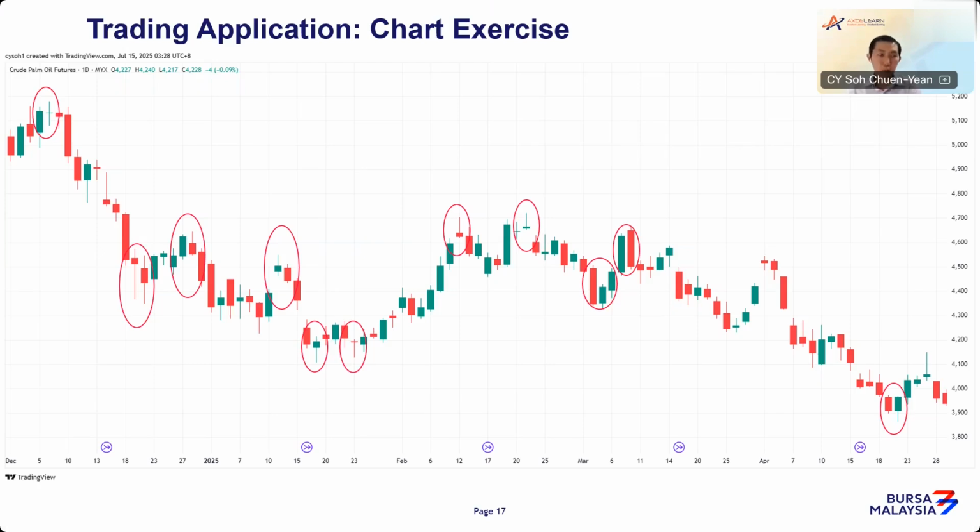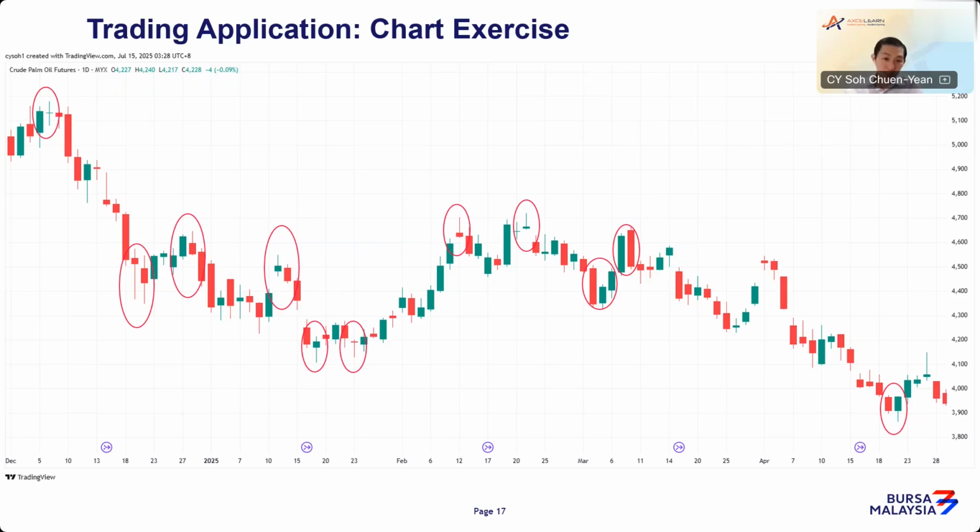If before it there is an uptrend, you are looking at a downtrend reversal. If on the left-hand side it is already a downtrend, the reversal you are looking at would definitely be an uptrend reversal. So it is like after 1 it will be 0, after 0 it will be 1.